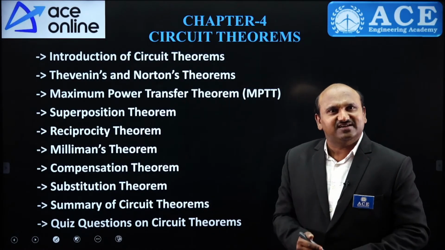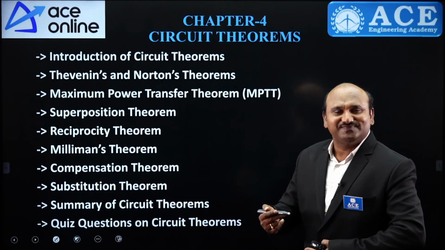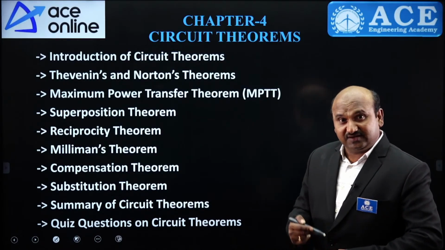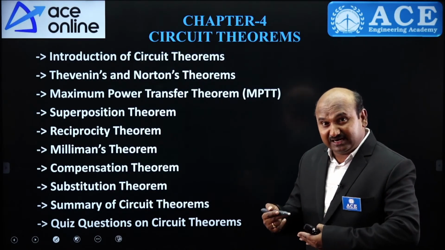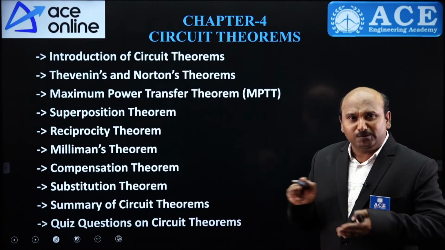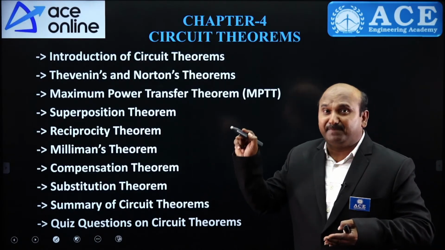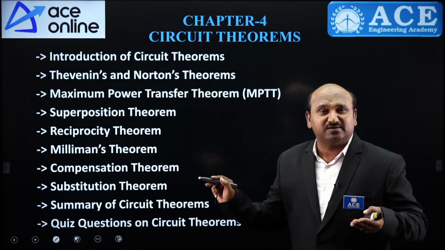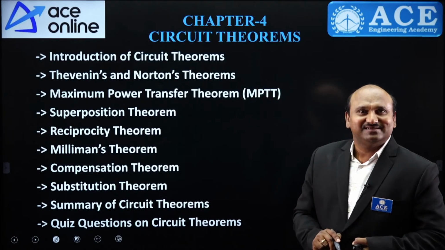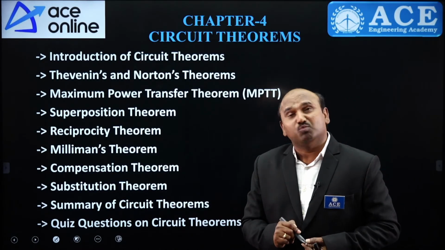You can easily finish them, and you need not go back to AC circuit analysis again. In some theorems you should have fundamentals of AC circuit analysis. That's why, once you complete the DC analysis basics, don't go for circuit theorems. Complete AC also, then take the circuit theorems. It is very useful, and you can also save more time.